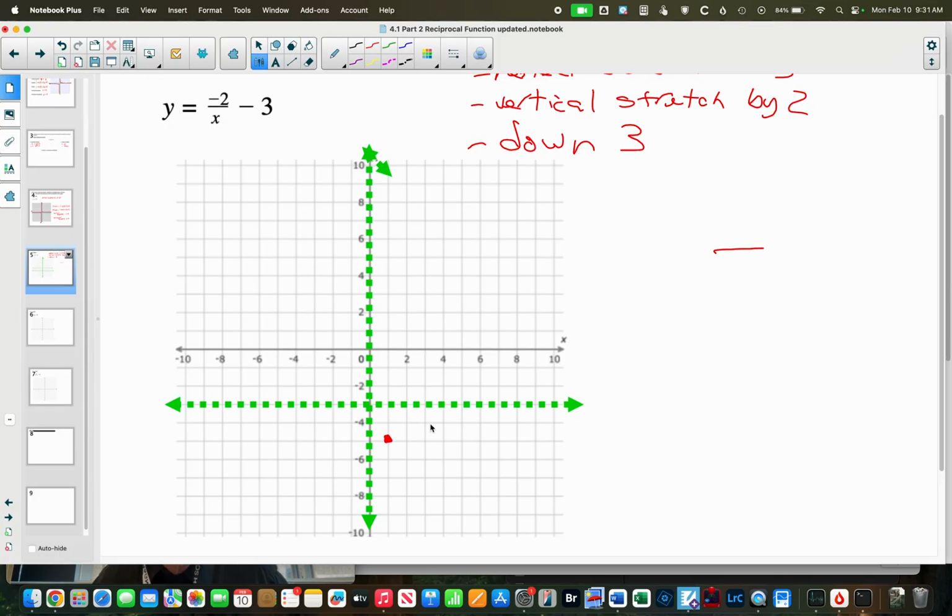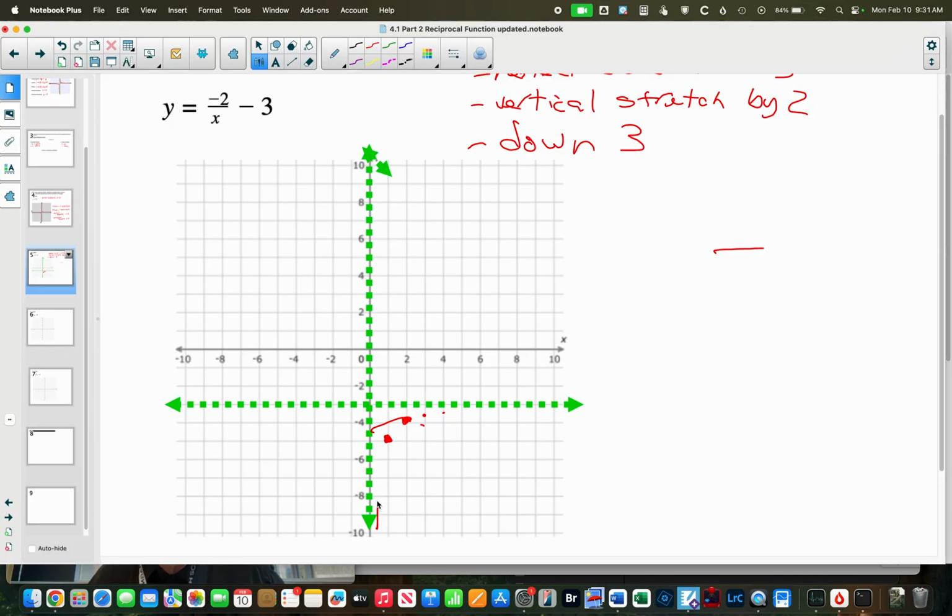Got it? And then if I go to the right 2, -2 over 2 is -1, so it's going to be down 1 from the -3. And then here, that'll be 2/3. So it's going to get closer and closer.